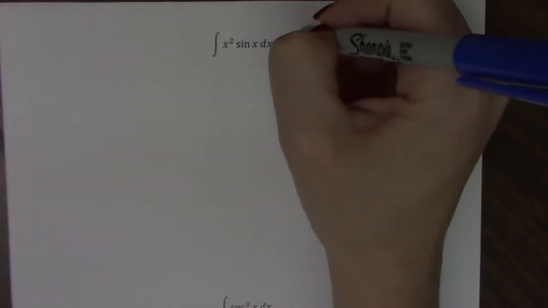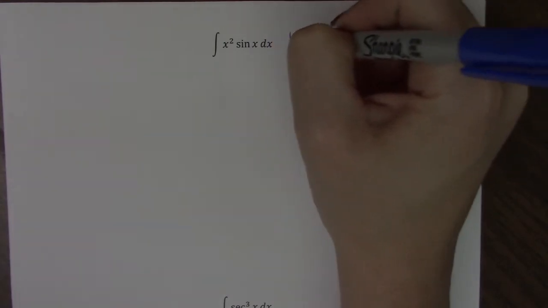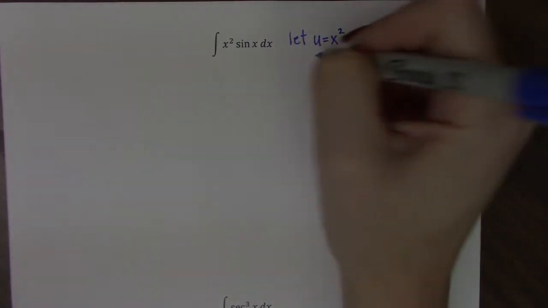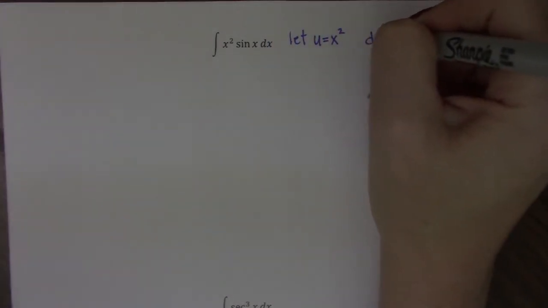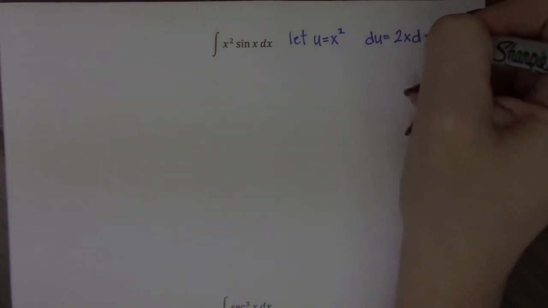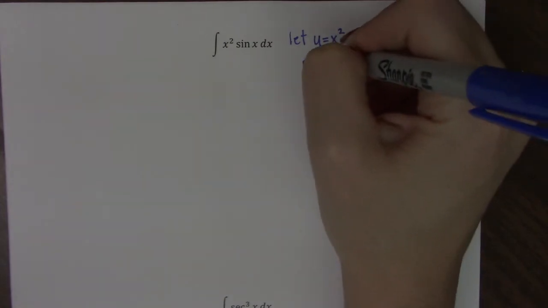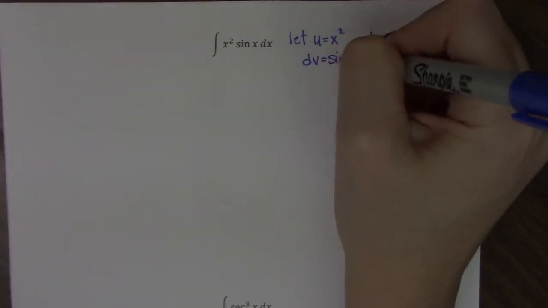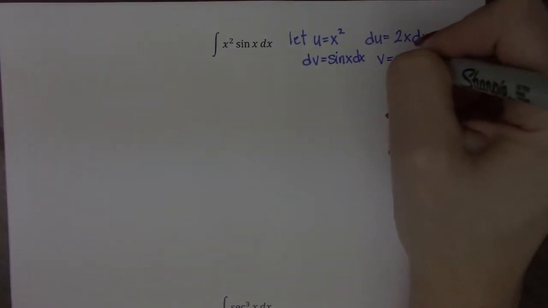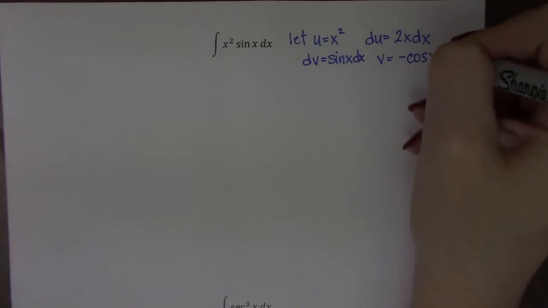So let's let u be x squared. So du is 2x dx. That means dv is sine of x dx, and so v is negative cosine x.